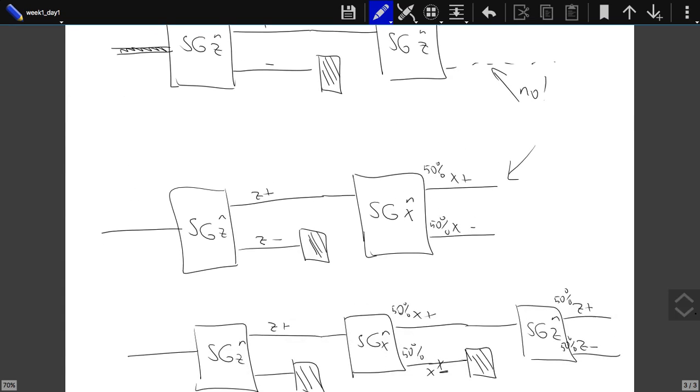Then we take the Z plus and send it through the Stern-Gerlach X apparatus. We can say that these Z plus silver atoms, let's give them some names, are a mixture of 50% X plus silver atoms and 50% X minus silver atoms. That's still our model.